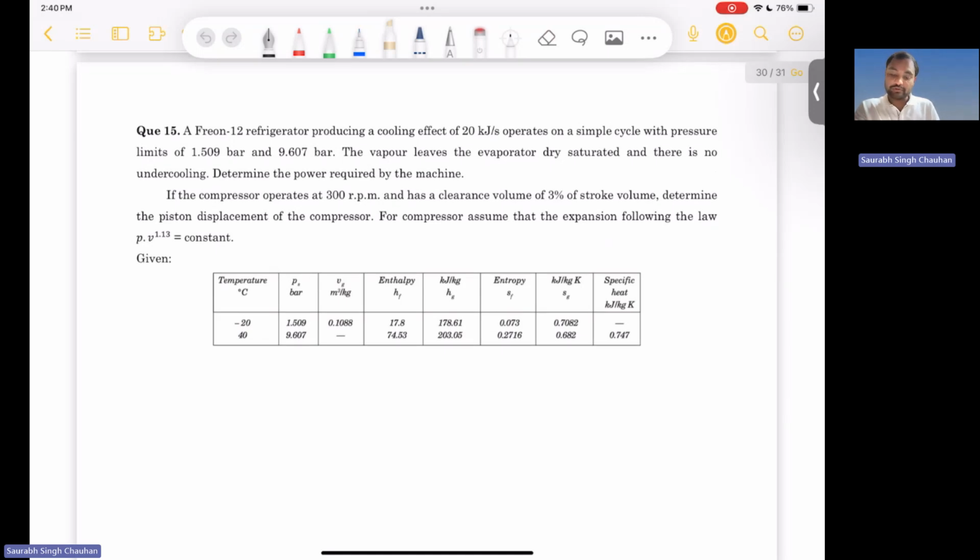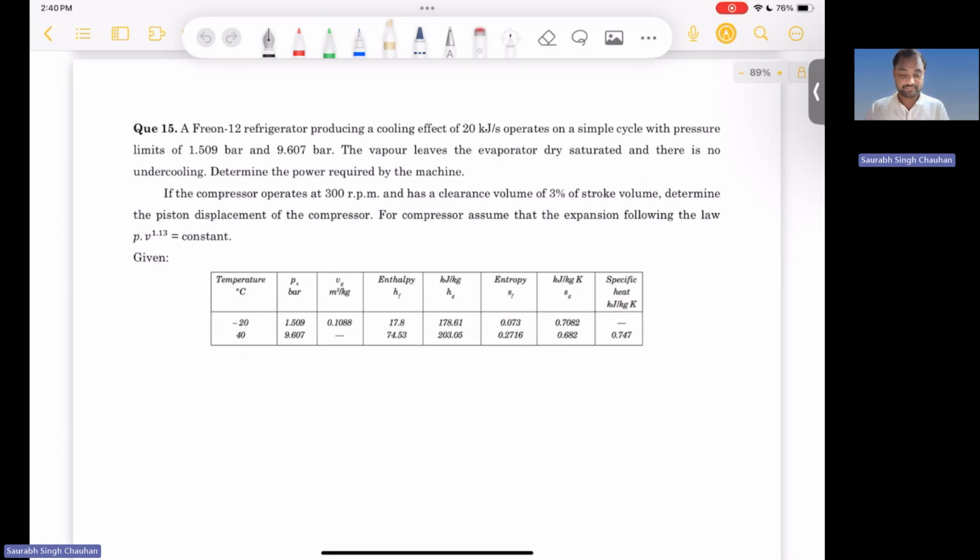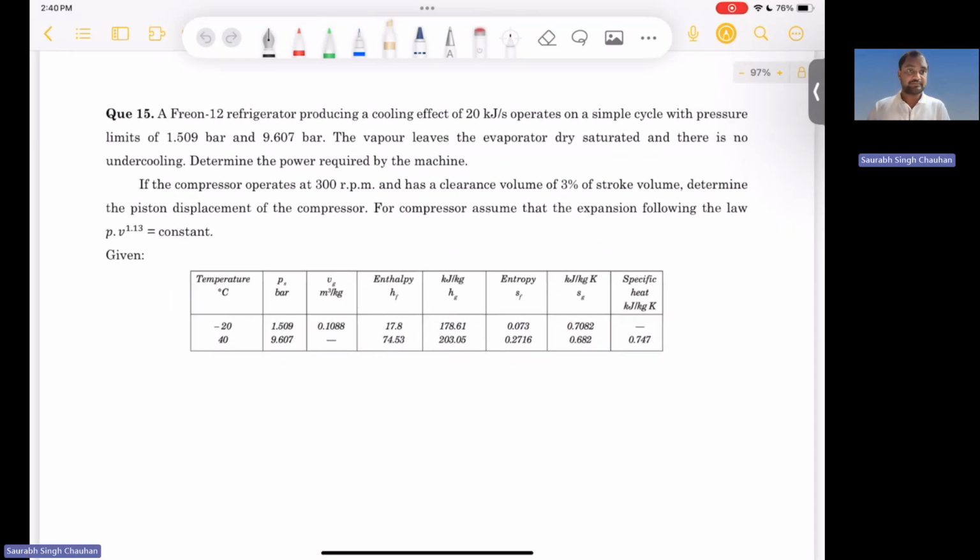What is the clearance volume of the compressor? I think it will be better if you solve this question after you have studied compressors. Also, our time is over, I think.